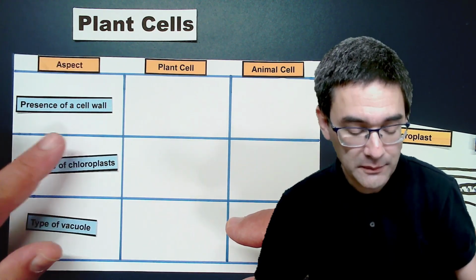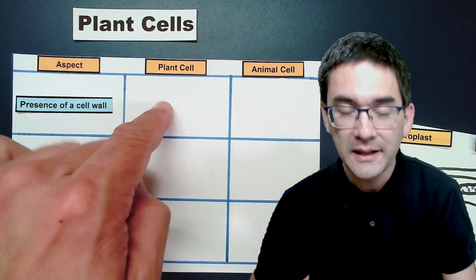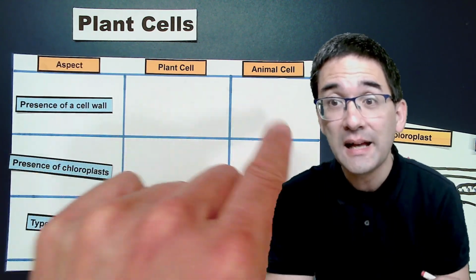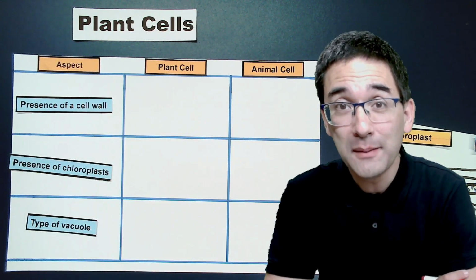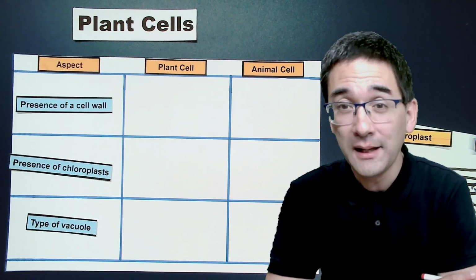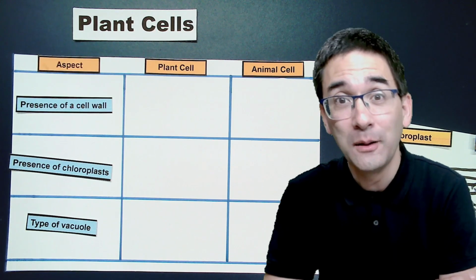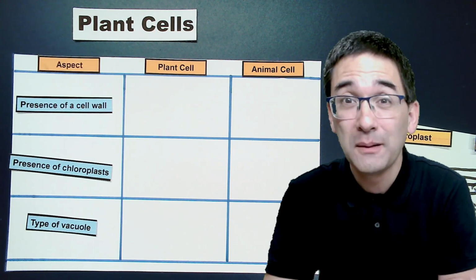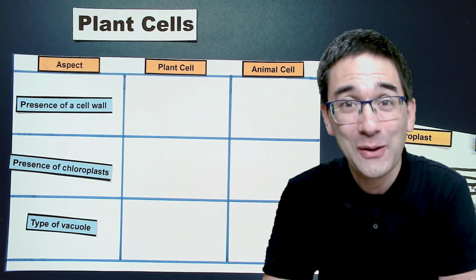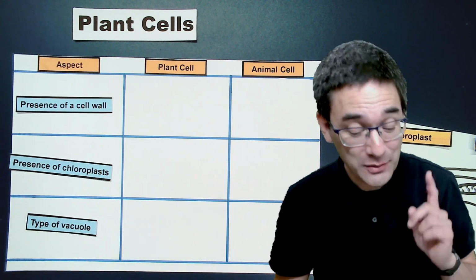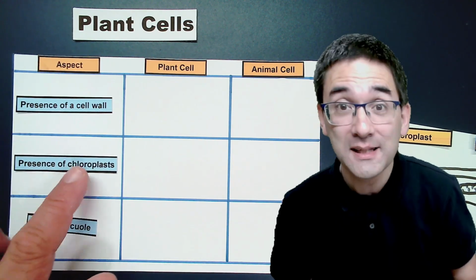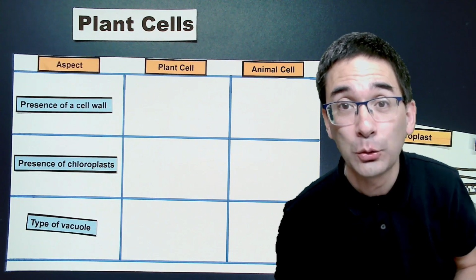Presence of a cell wall. Plant cells, yes. Animal cells, no. Sometimes people say that plant cells have a cell wall, animal cells have a cell membrane, and that is wrong, because of course plant cells also have a cell membrane. Or, plant cells have chloroplasts, animal cells have mitochondria.